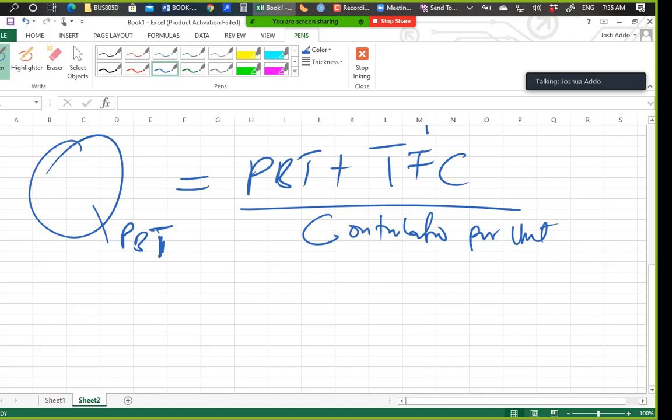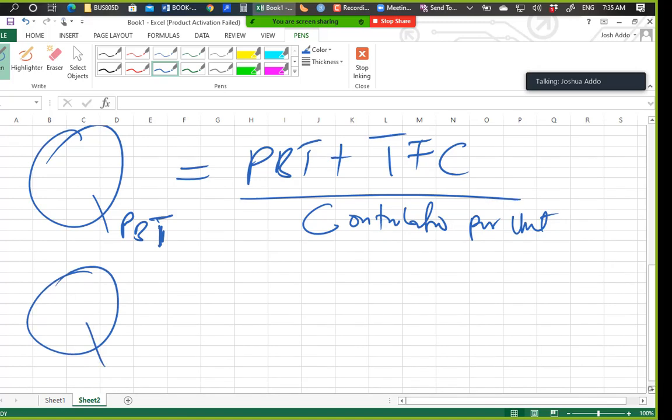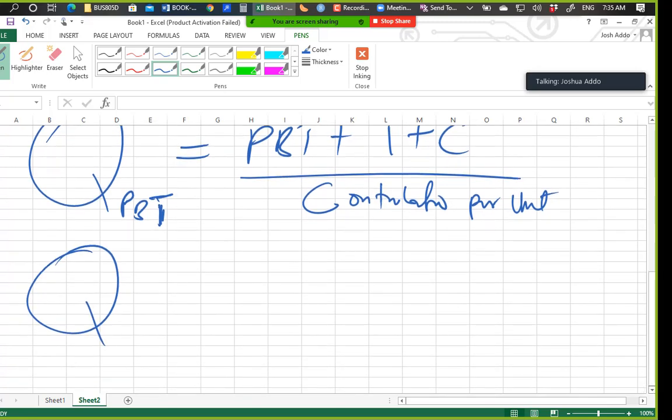If you want to get the revenue equivalent of this, so quantity to produce, or let's say revenue to generate, so sales revenue to generate to earn this targeted profit before interest and tax.